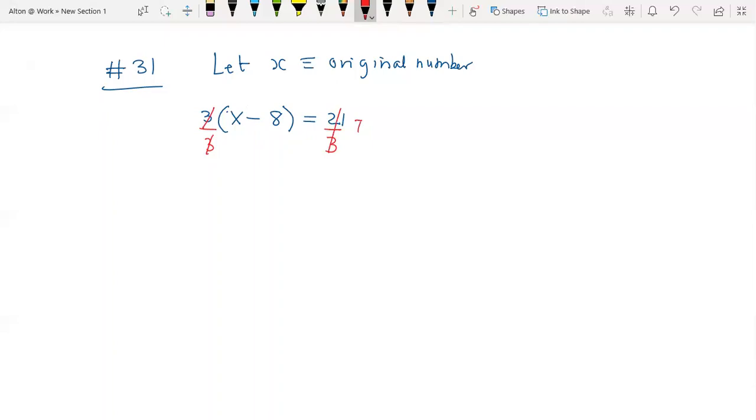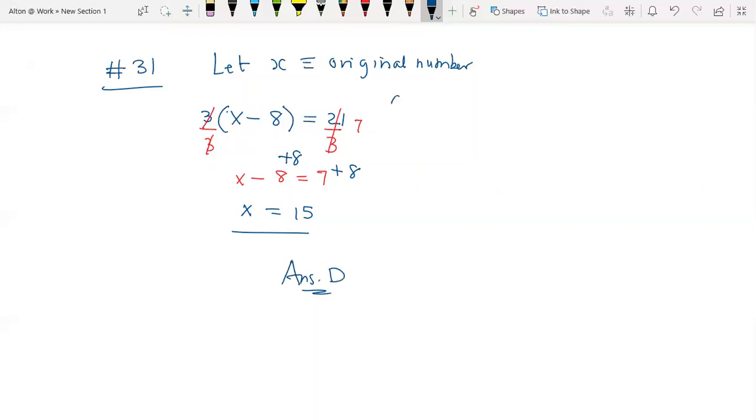That will give us x minus 8 equals 7. And then we can add 8 to both sides. So minus 8 plus 8 will be 0, and you have x equals 15. And I'm seeing your answer D.